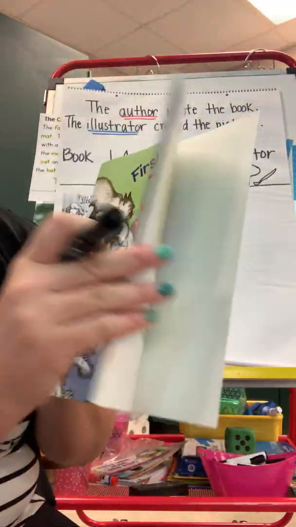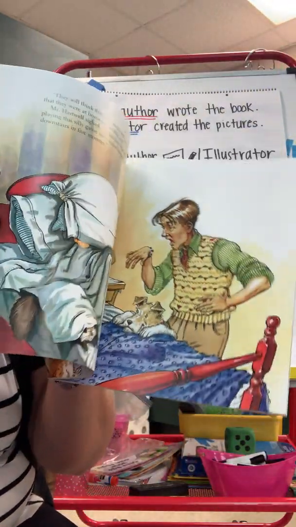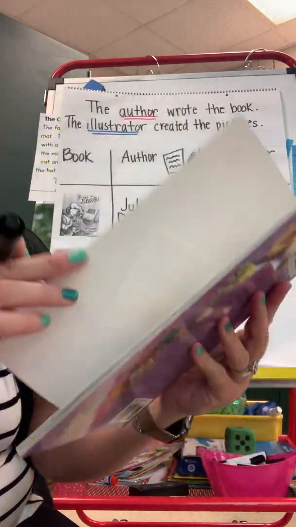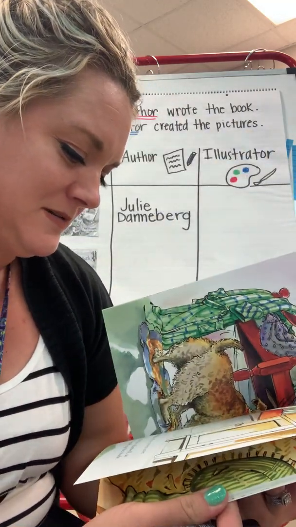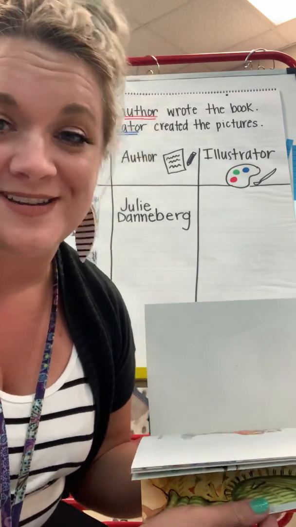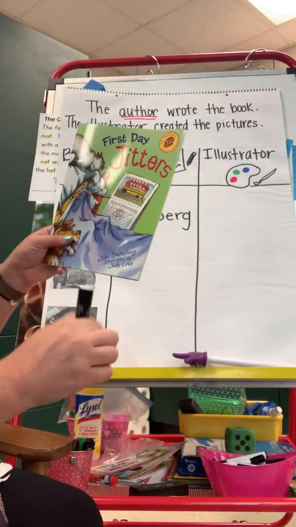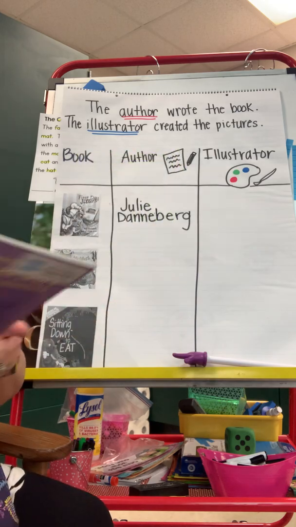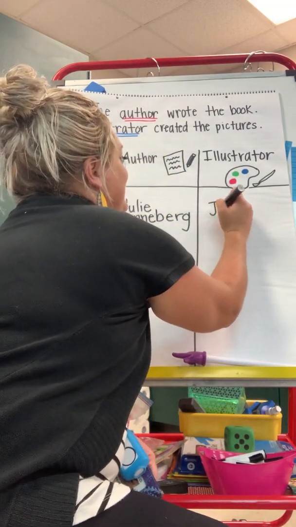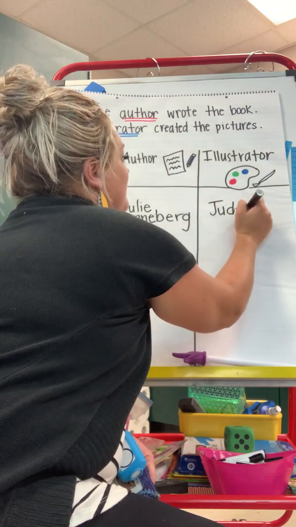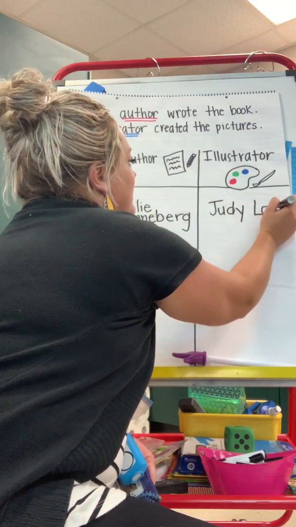And she did a very, very nice job talking about Miss Susan Hartwell, remember? She did not want to go to school the first day of school. So I'm going to write Judy Love. She is my illustrator for that story.